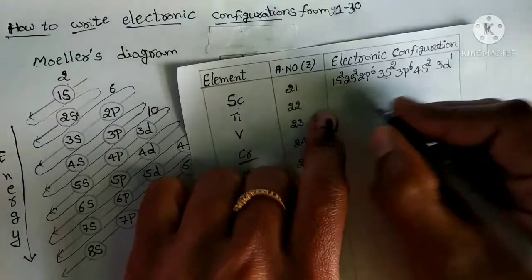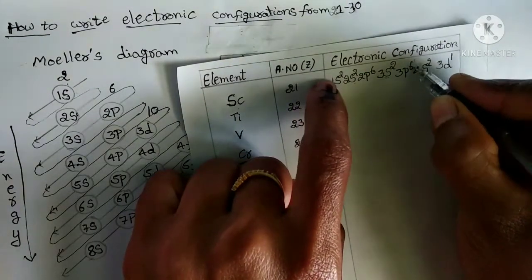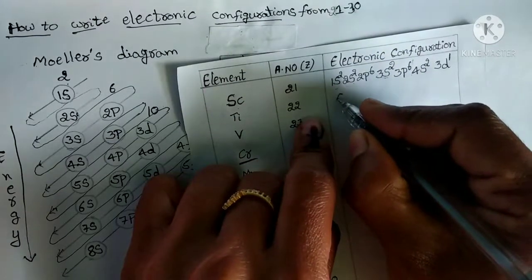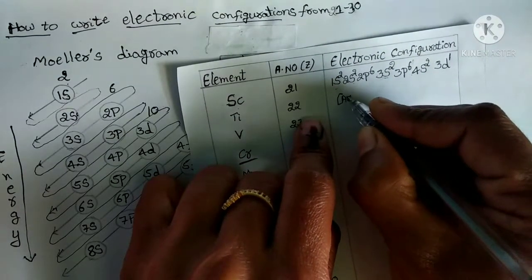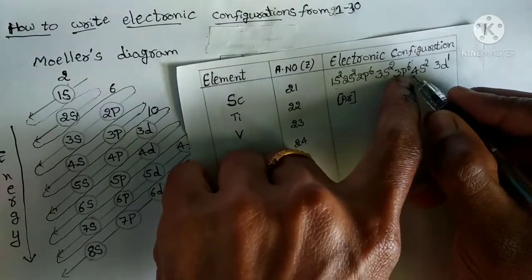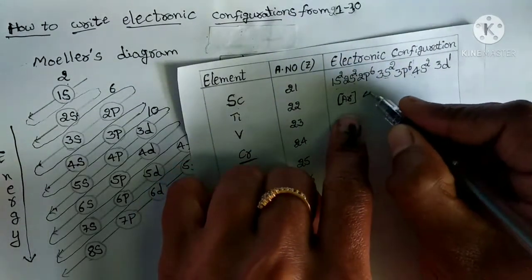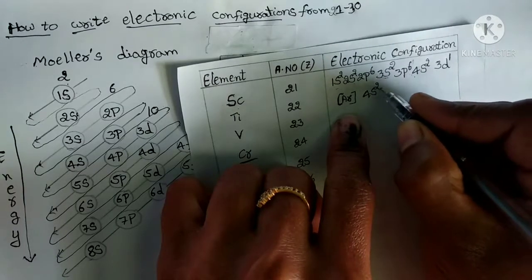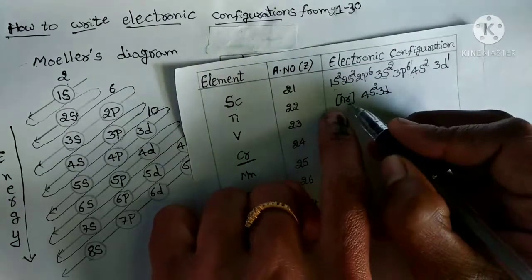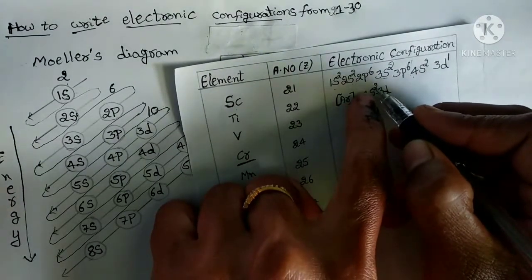Next, titanium. Till here it is the argon electronic configuration, right? So I already told, in this place I will use the symbol of argon in square brackets. After this, what is left, that I will write now. So 4s2, 3d. How many electrons are left, students? Till here it is 18 electrons. 18 plus 2 is 20.